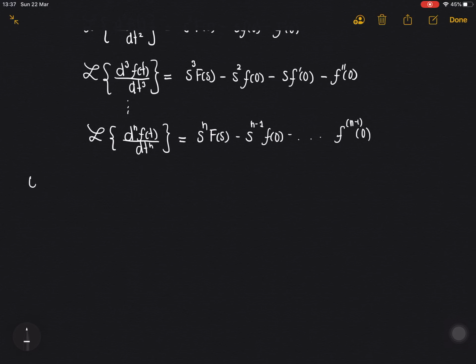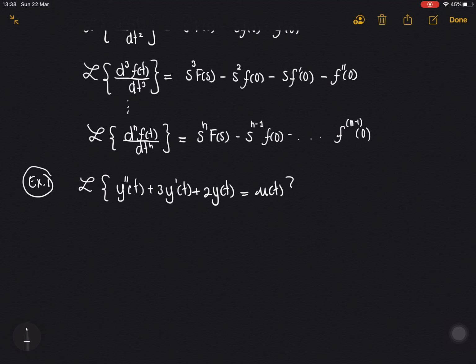So for example, let's say example one for that differentiation, when you are asked to find the Laplace transform of the second order differential equation, which is y double prime (t) plus 3y prime (t) plus 2y(t) equal to u(t).